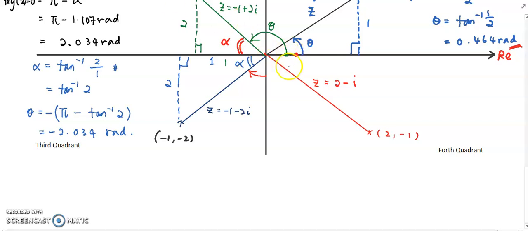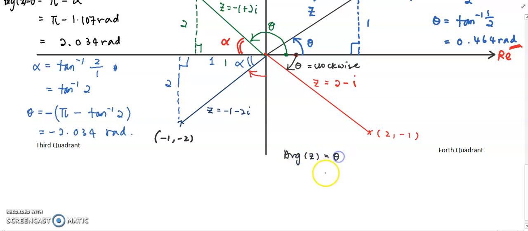So this is the one. From the positive real axis over here to the line that we have drawn here, this is the angle theta. Again, this theta is measured following the direction of clockwise. So later on, don't forget the answer must be negative. Now we can start to find theta, which is the argument of z.